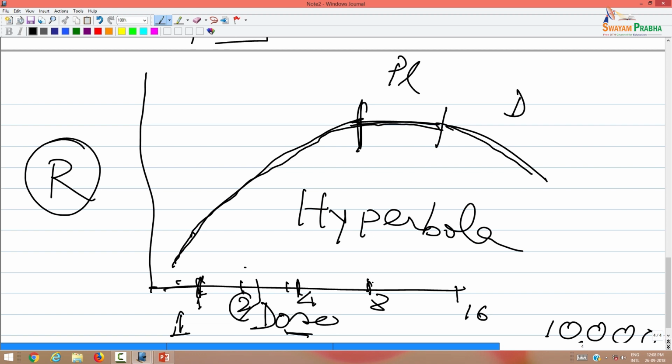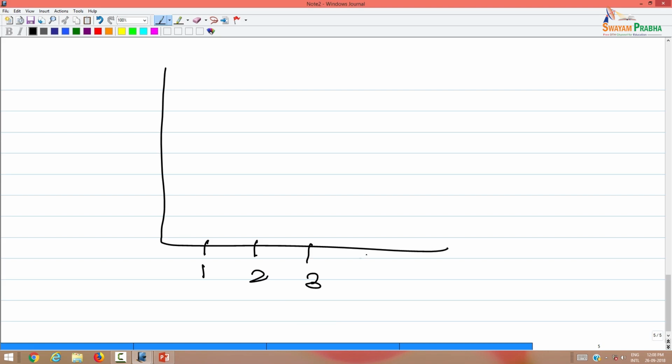So, now instead of this, we plot a dose response curve where this is log 1, this is log 2, this is log 3, this is log 4, this is log 5, which means this is 1 microgram if I say so, this is 10 microgram, this is 100 microgram, this is 1000 microgram, and so on, and this is the response.